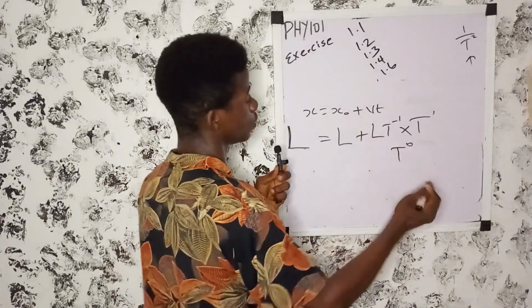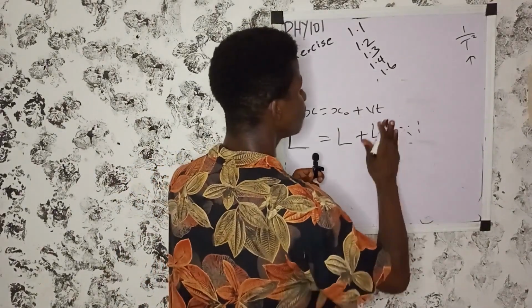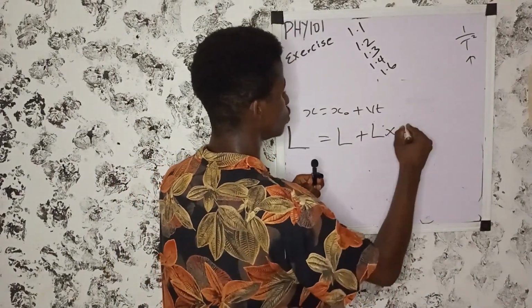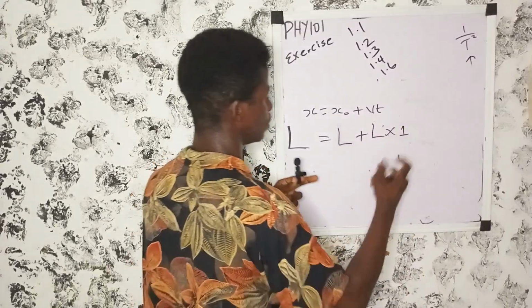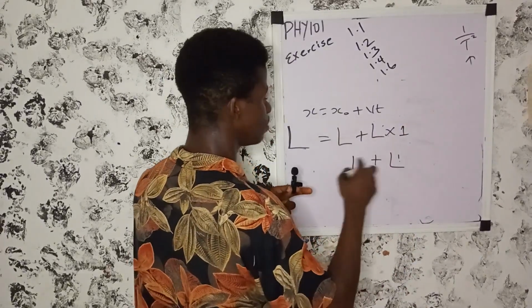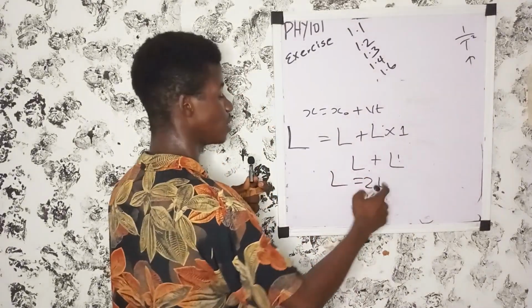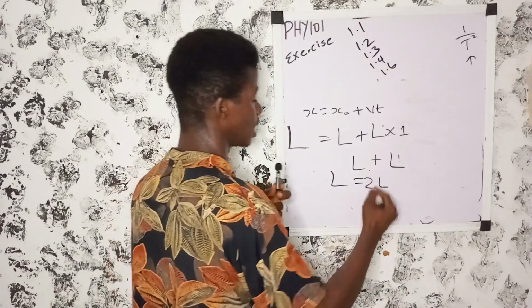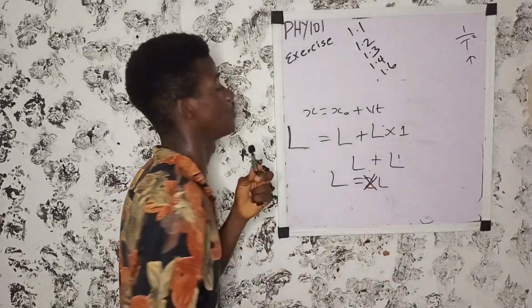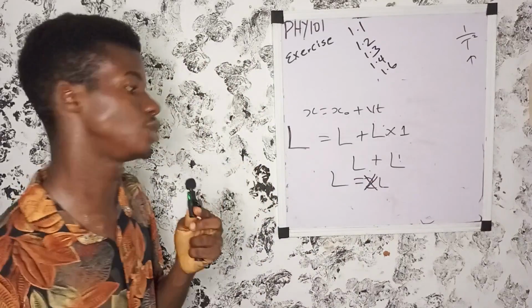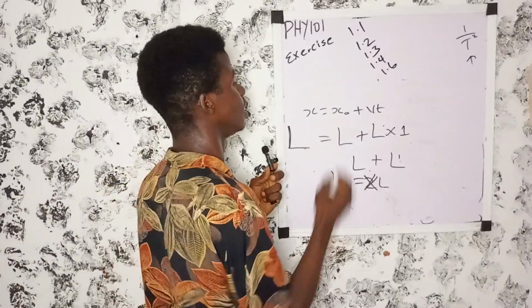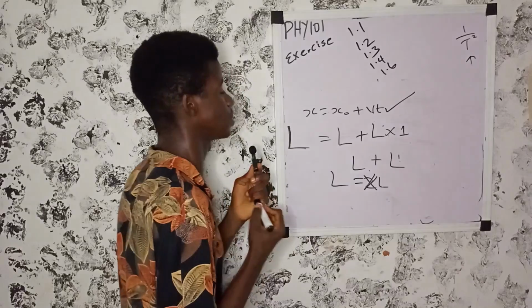Anything raised to power 0 will give us 1. Abi? So therefore everything here will be 1. 1 times L will give us L. Then L plus L will give us 2L. Remember, I always told you guys that a value does not have dimension. Therefore, L equals L. So therefore, this equation is dimensionally correct.